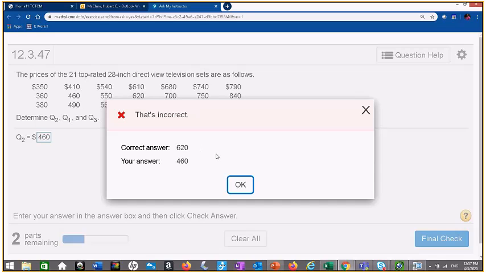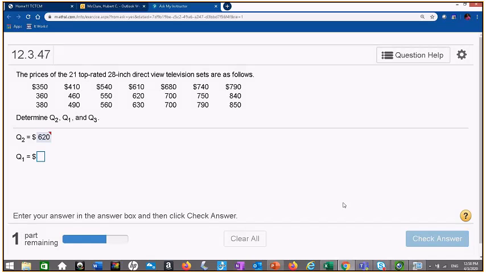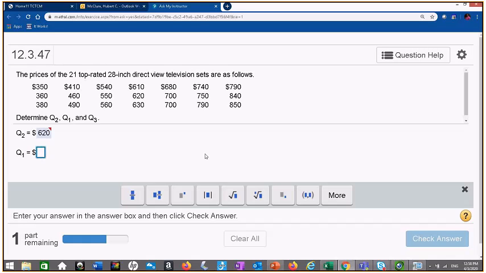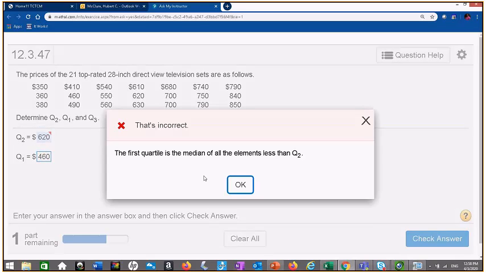That's 620, it's not even in there. What are they doing? Let's see if I get the 1st quartile right. Oh, I'm sorry, the 1st quartile. No, my 1st quartile is 460.